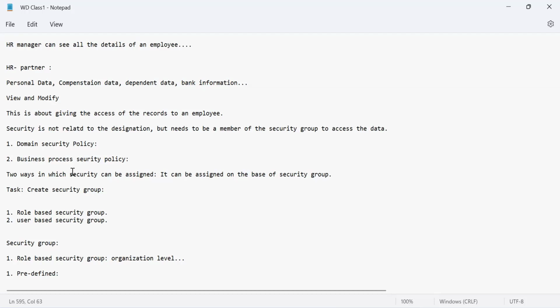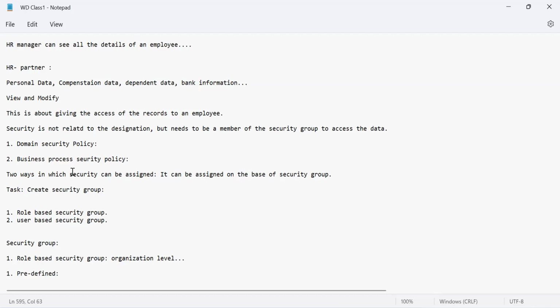Once the permissions are inherited by the role, when someone joins, you assign the role to that person. That person is indirectly now a member of the security group, so whatever permissions that security group has, the user also has.